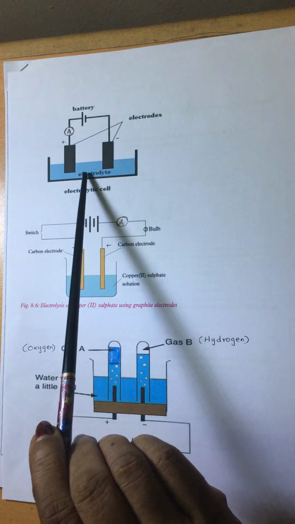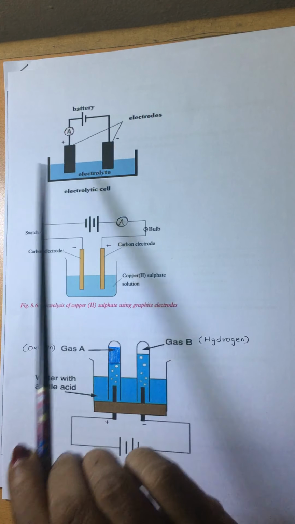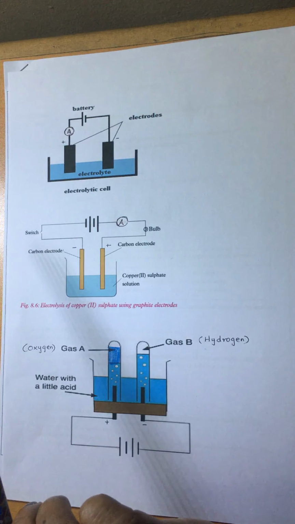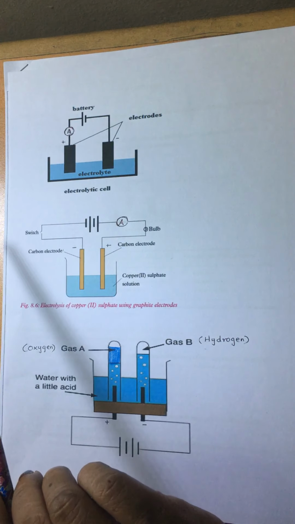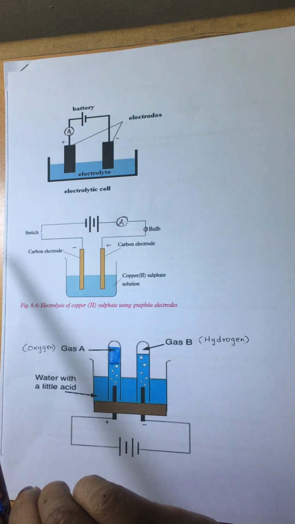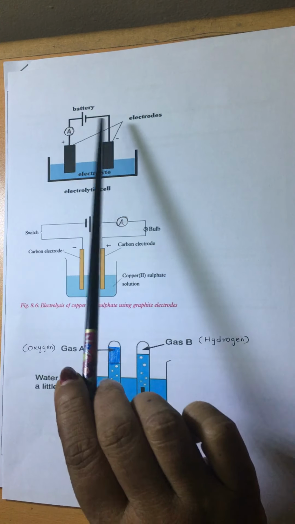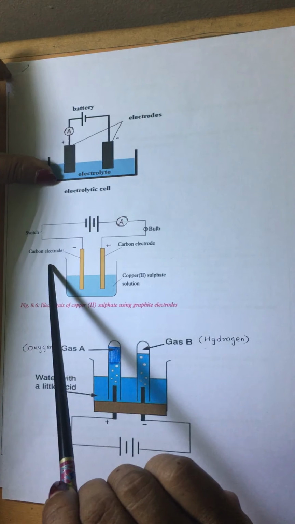That means some electrolytes can conduct electricity. Some solutions or liquids can conduct electricity. If the ammeter is not showing any reading, that means that solution or liquid does not conduct electricity. So from this experiment we can identify which solutions or liquids can conduct electricity.